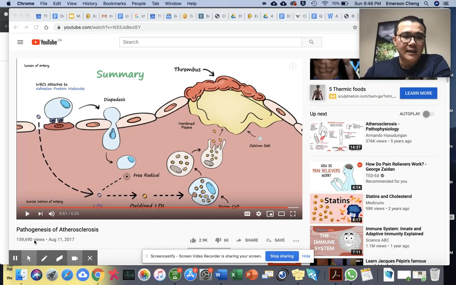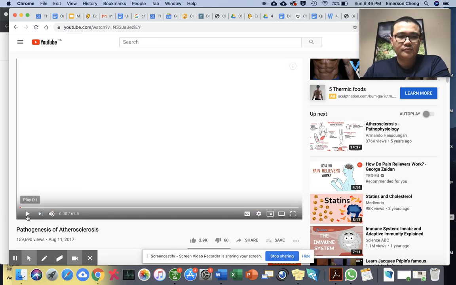This one. Now the language is a little complicated, but we're going to play it through and then we'll refer back to the notes, okay? Now this one is pathogenesis of atherosclerosis. Now pathogenesis, patho means disease in biology.